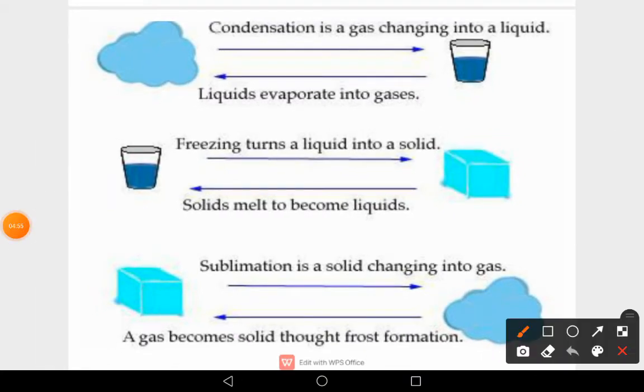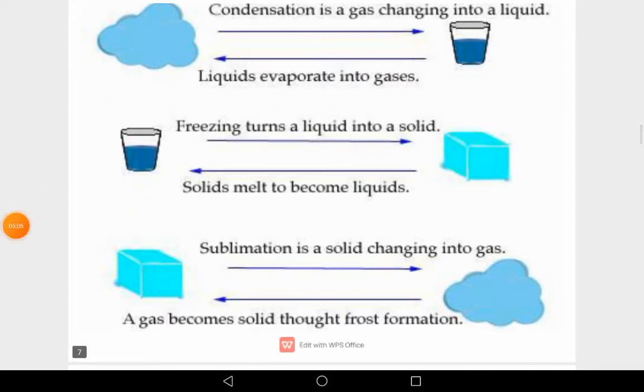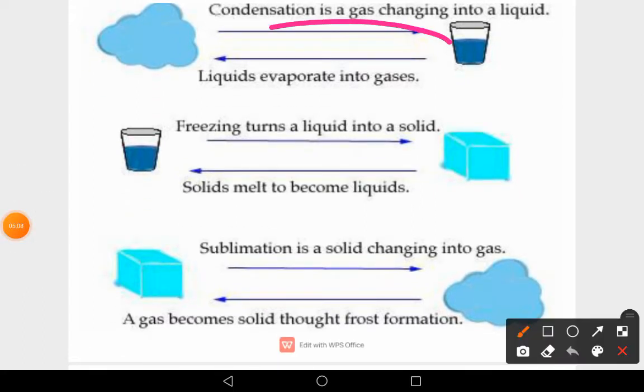When water gets condensed, the gas turns into a liquid, or the liquid changes into a vapor. So gas can be condensed into a liquid, or liquids can get evaporated into gases. Similarly, when water freezes, it turns into a solid.